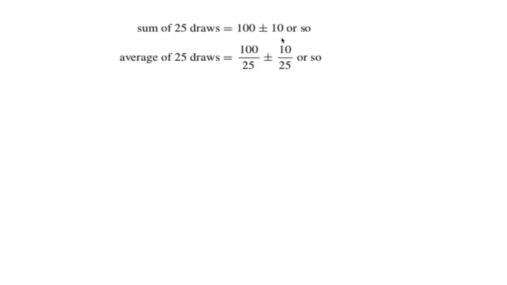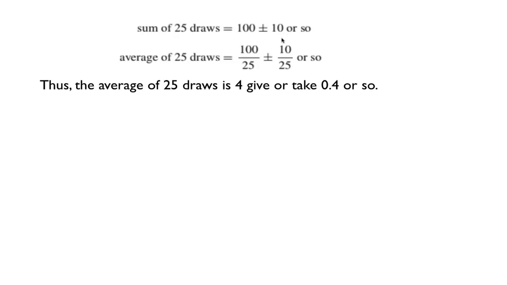To find the average of the 25 tickets, we simply divide everything by the number of tickets, which is 25. So the average of the 25 draws should be around 4, and the error associated with that average is about 0.4, which is the error for the sum, 10, divided by 25, giving you 0.4.